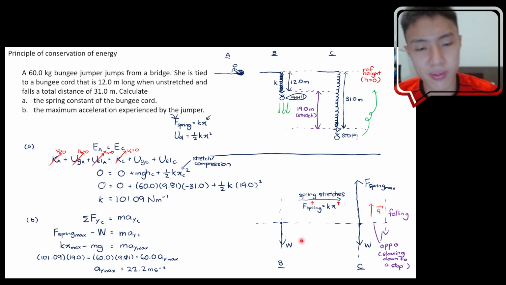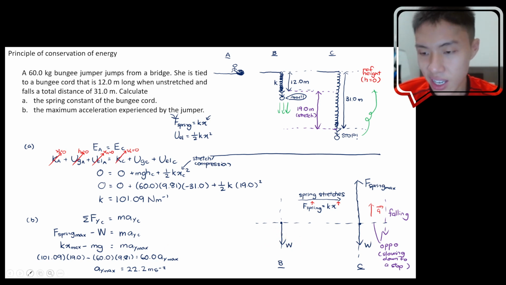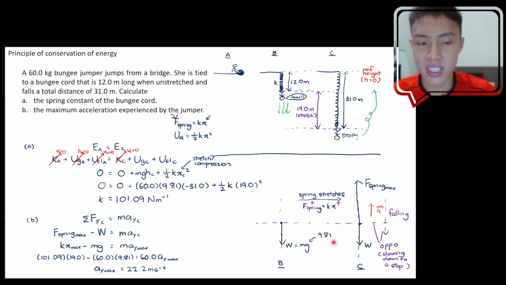What I'm trying to say is the weight over here is equal to mg, right? This mg here is only 9.81, but the acceleration that you're having at point C far exceeds the acceleration due to gravity. That's why this is the maximum value, not 9.81. Your maximum acceleration is 22.2 meter per second squared.